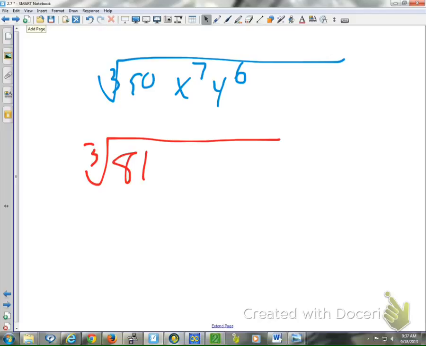Oh, no, that's the square root, isn't it? Oops, my bad. Hold on a second. Sorry, I miswrote that. That's 3 times the square root, not the cube root. So then there's the cube root of 81.